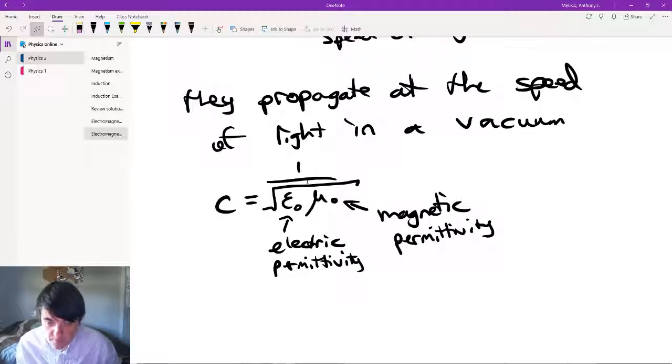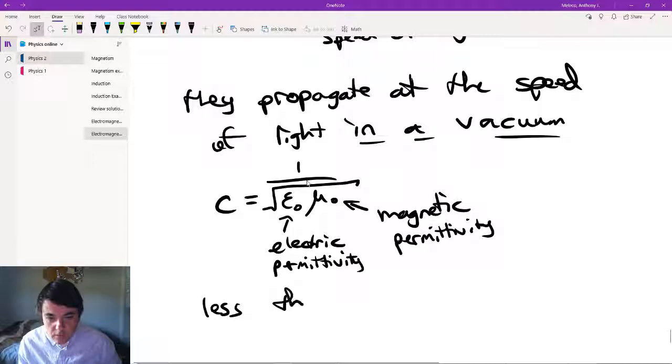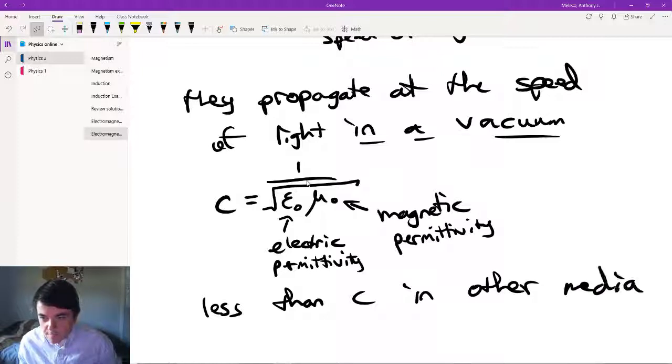Okay, epsilon naught, mu naught. And so C is a function of these guys. And the reason I said in a vacuum right here is because it can change in other materials. And it can change in other materials because epsilon naught and mu naught will change, which will change the electric field or the B field in that material. Okay? So it's less than C in other media. Okay?